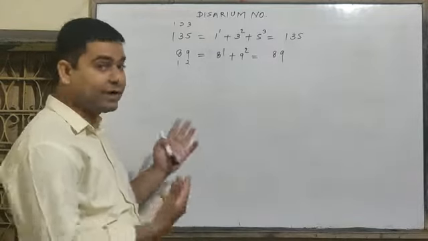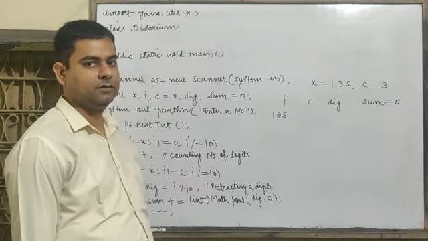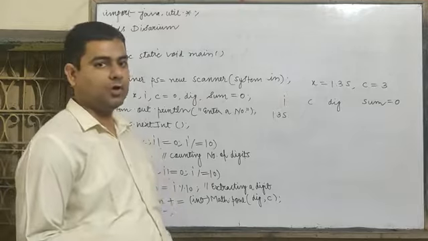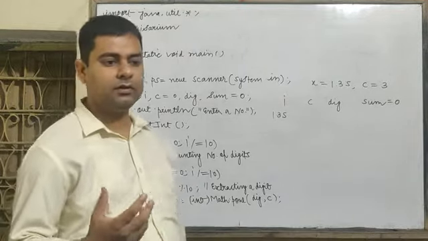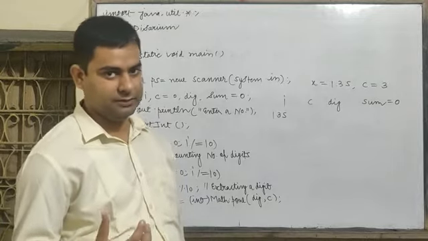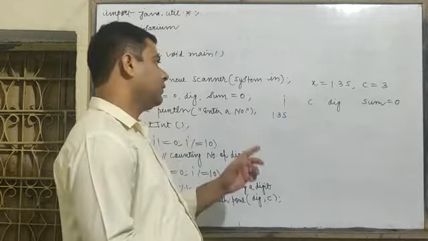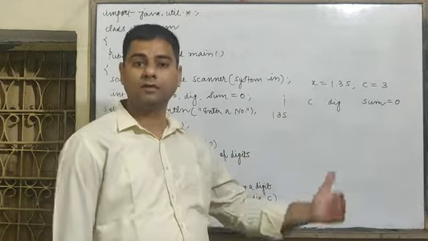See the program code. How shall we design this program? To check whether a number is a Disarium number or not, we have to know the respective position of a digit. For example, 135: 1 raised to the power 1, plus 3 raised to the power 2, plus 5 raised to the power 3.